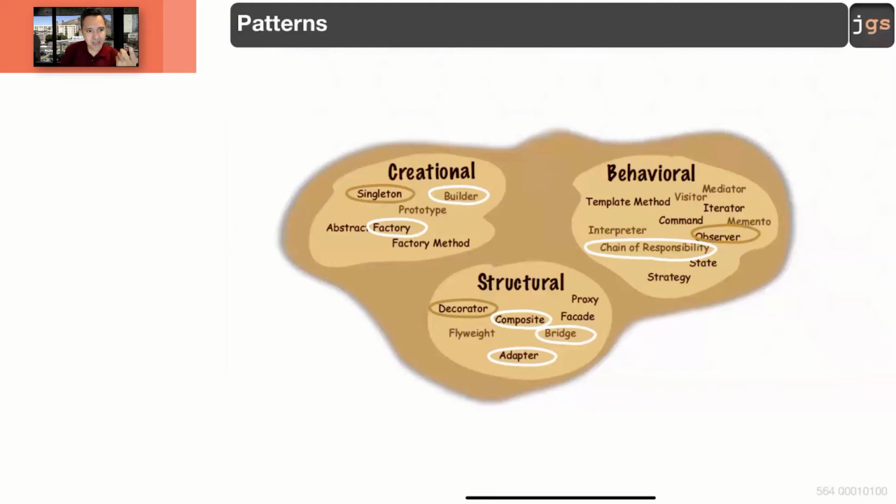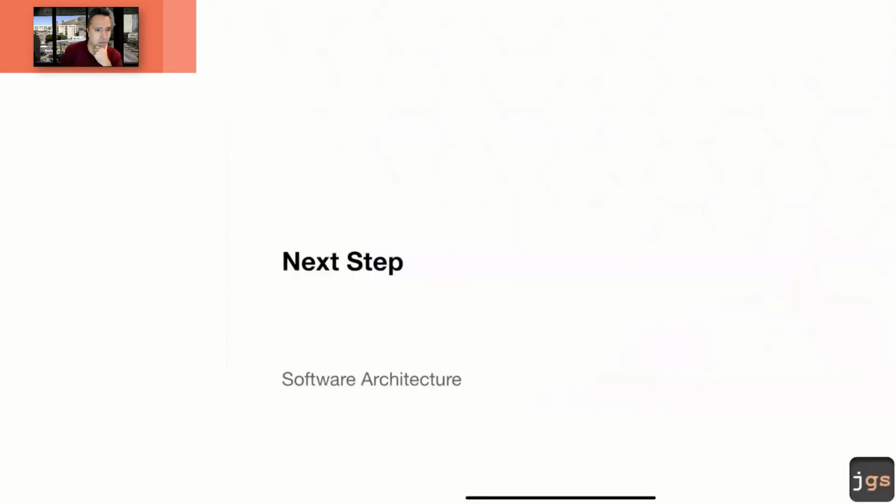Now, the next step is the architecture. Let me be clear with this. When you are doing a piece of software, usually the first thing that we learn is coding. We learn a programming language, and with the programming language, we learn to solve some small problems.